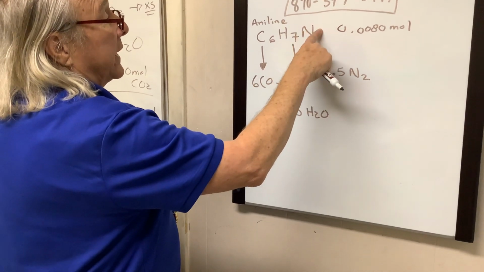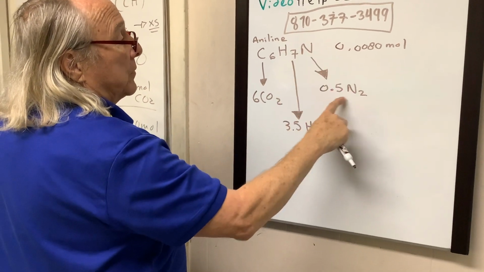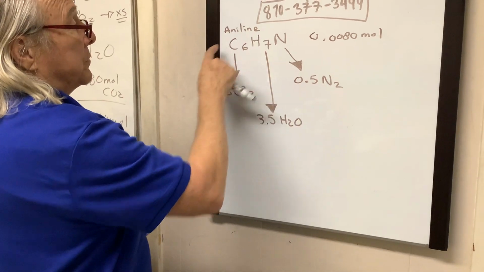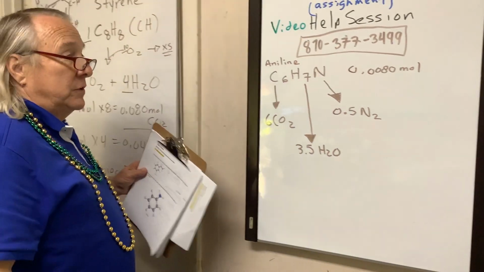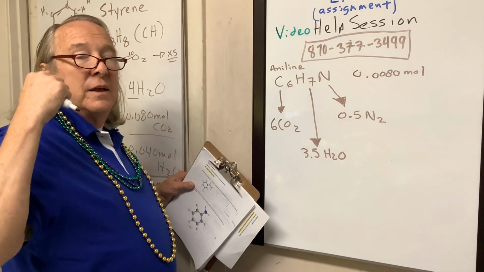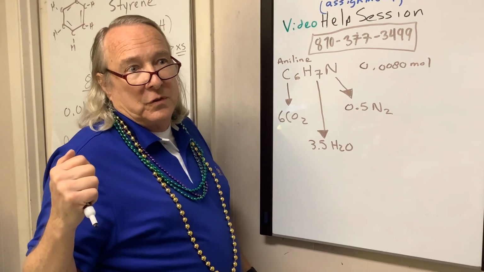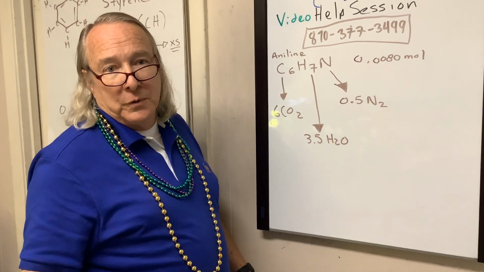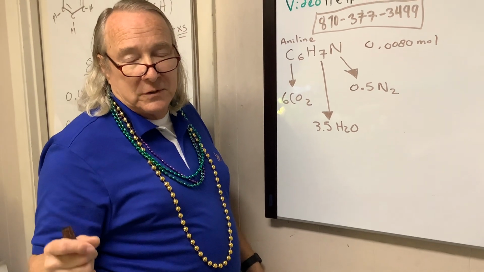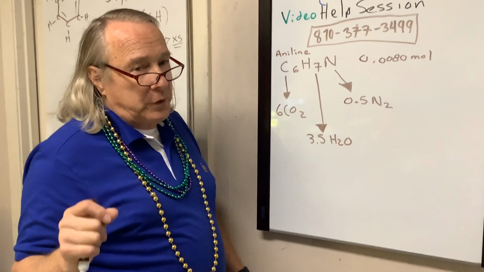And every mole of aniline will give me 1 mole of nitrogen, but I need 2 of those to form a mole of nitrogen gas, so I'll really only get 1/2 a mole of nitrogen gas for every mole of aniline. And the question is, if I start with this much, how much will I produce? This is just, can you do it? Can you make those decisions and calculations fairly quickly, and hopefully in a straightforward manner?